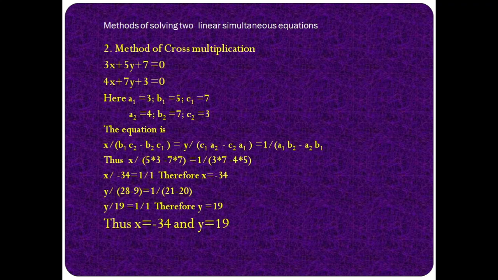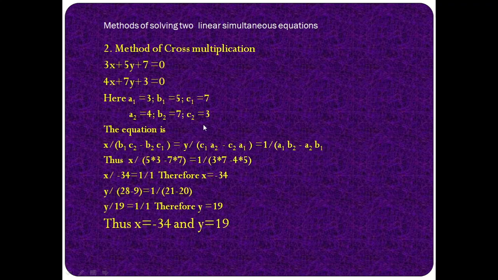This equation is x divided by b1 c2 minus b2 c1 is equal to y divided by c1 a2 minus c2 a1 is equal to 1 divided by a1 b2 minus a2 b1. Here there is a bracket.